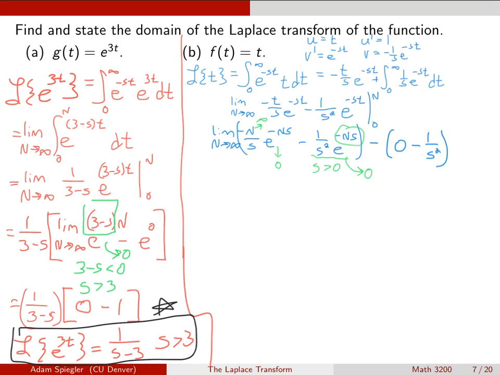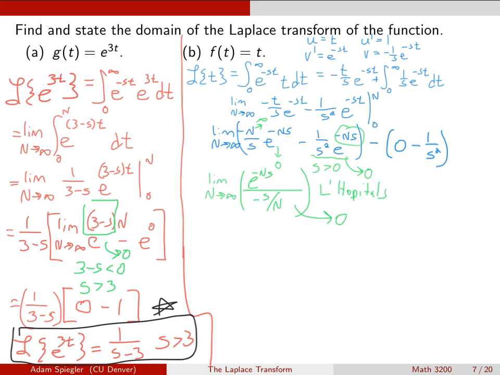And so let me just quickly say that if you wanted to evaluate this limit, then we can think of this as e to the minus n times s, all divided by the reciprocal of the multiple that we actually have in front. And now using this and L'Hopital's rule, you can convince yourself that this also goes to 0.